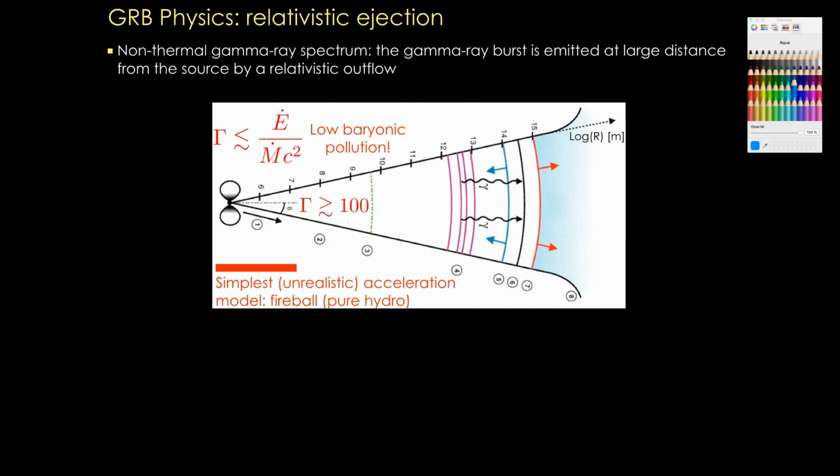So the fireball model is a purely hydrodynamical model. You assume that you put all the energy in a thermal form in a very small volume, and then you let it expand radially to become relativistic.